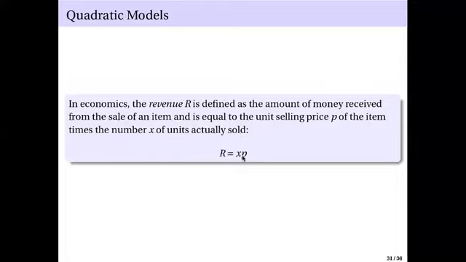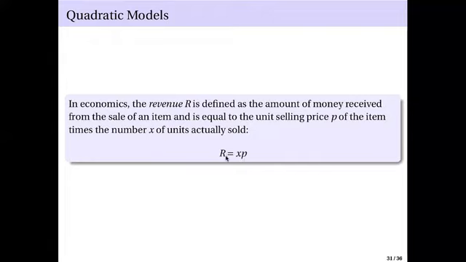So R is equal to XP. Your X is the number of units sold, and your P is the price per unit. Therefore, your revenue is X times P.